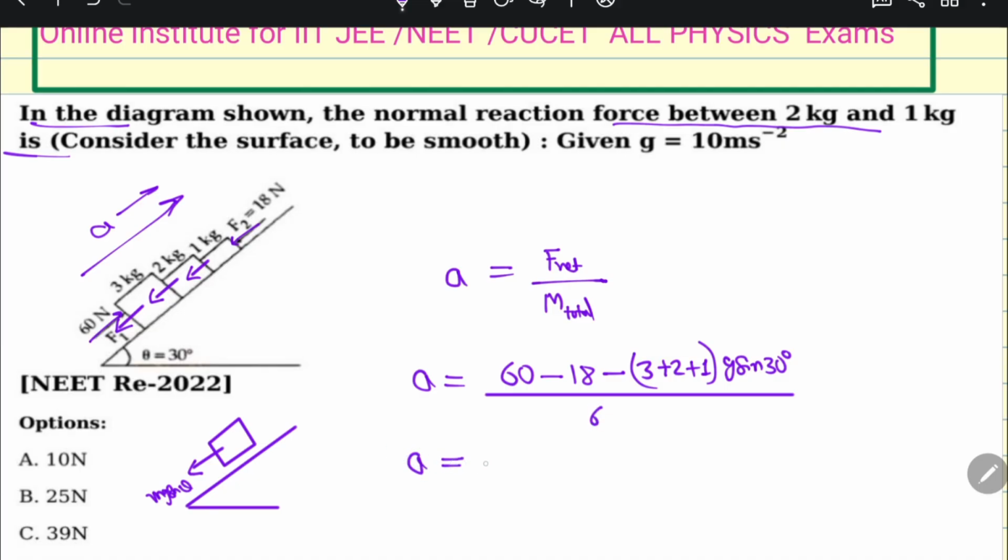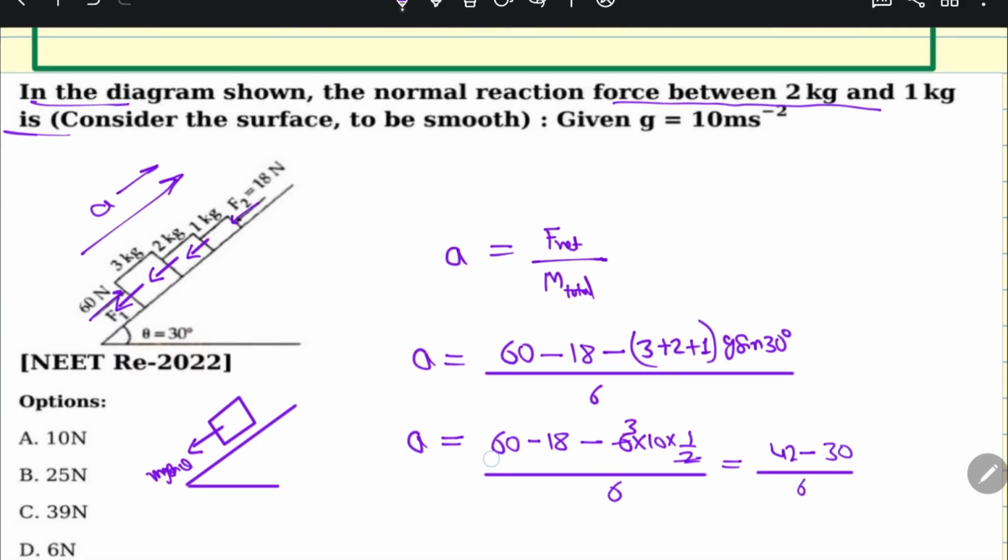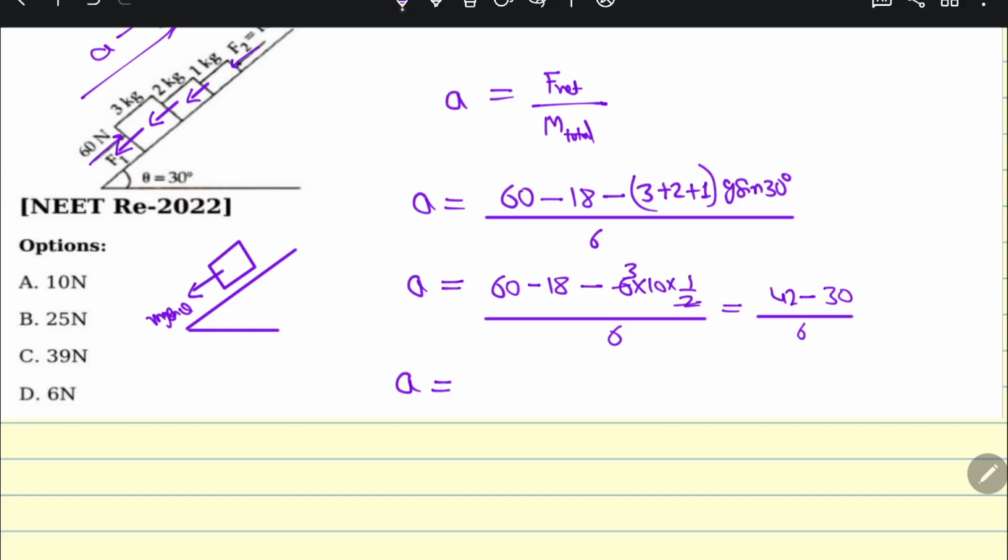So here the common acceleration comes out to be 60 minus 18 minus 30, because g is 10 and sin 30 is 1 by 2 and 3 masses, divided by 6. So that is 60 minus 18, that is 42, minus 30, divided by 6. That comes out to be 12 divided by 6, that is 2 meter per second square.